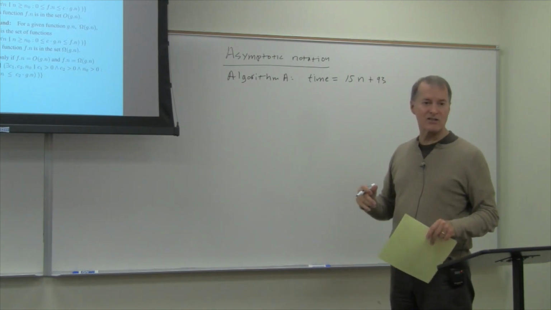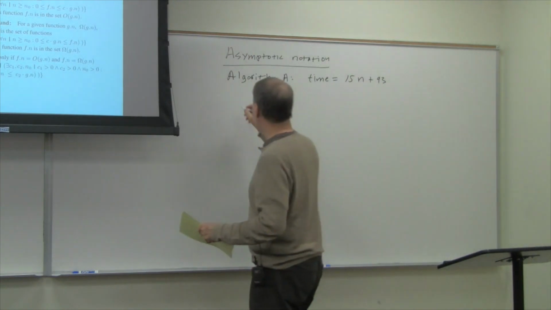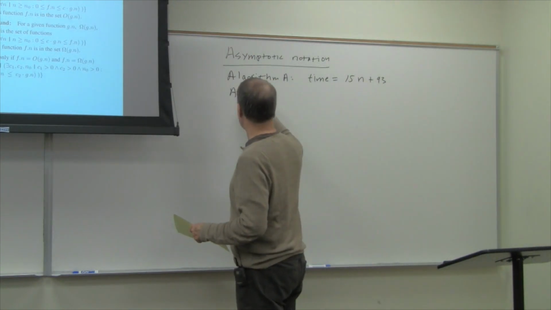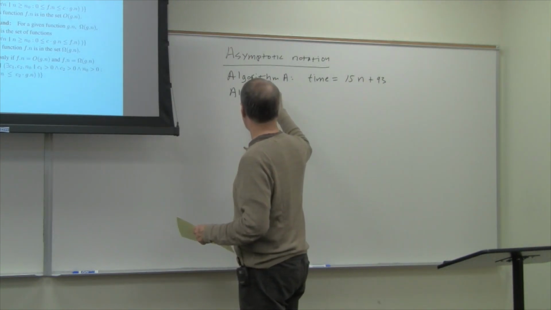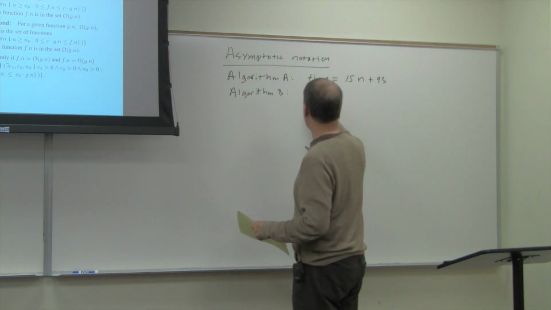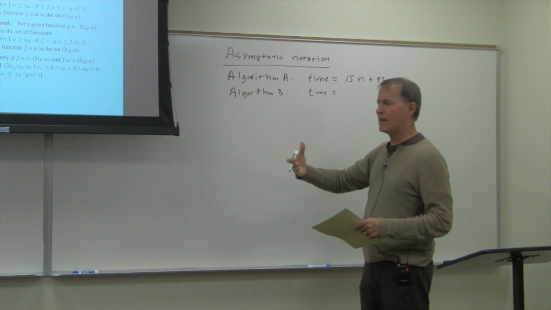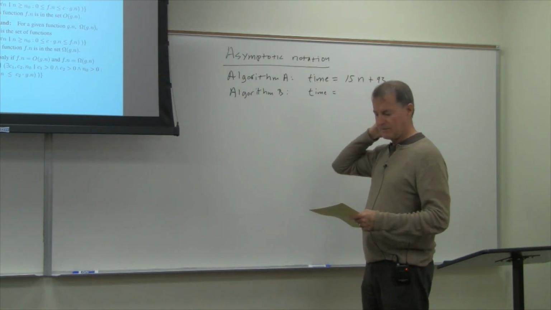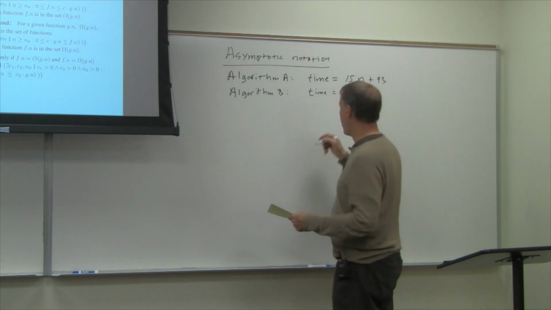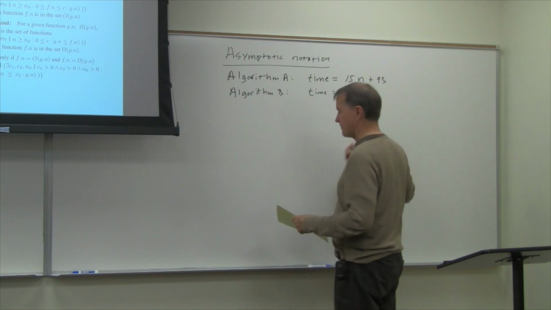Then suppose you write the program again using a different algorithm, algorithm B. You measure it, and the way it grows with the size of the problem follows this relation, 2n squared plus 1.